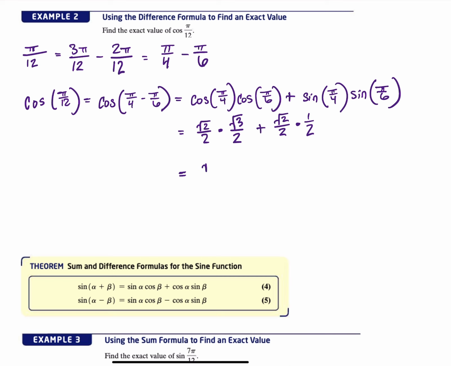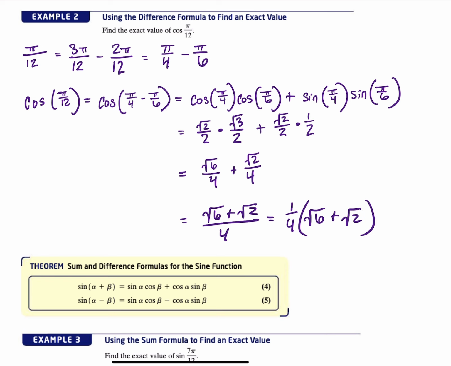So this will become square root of 6 over 4 plus the square root of 2 over 4, which we can either write as a single fraction, root 6 plus root 2 over 4, or factor 1/4 out and write it as 1/4 times the square root of 6 plus the square root of 2. Either way.